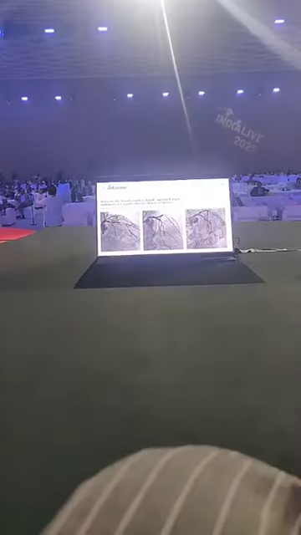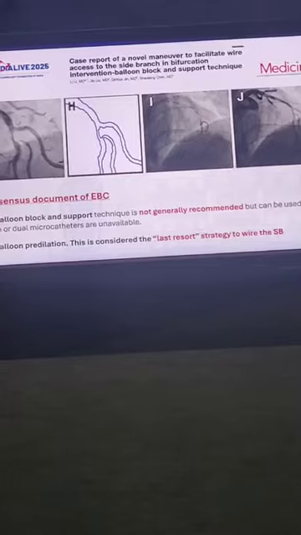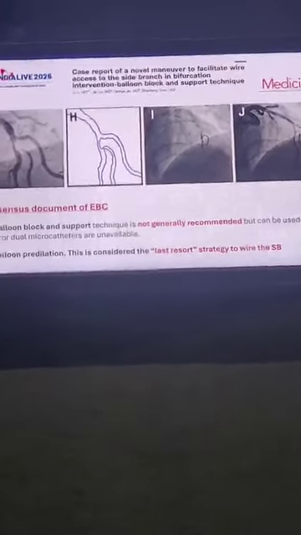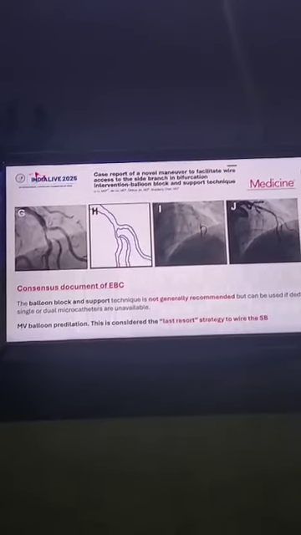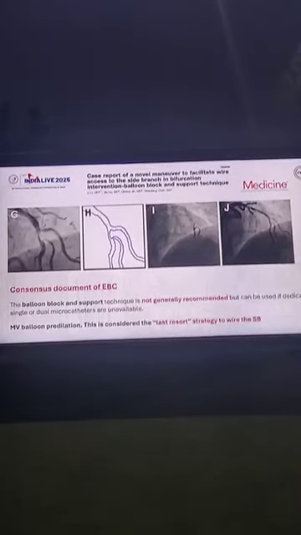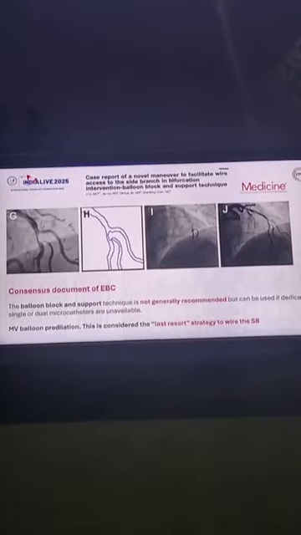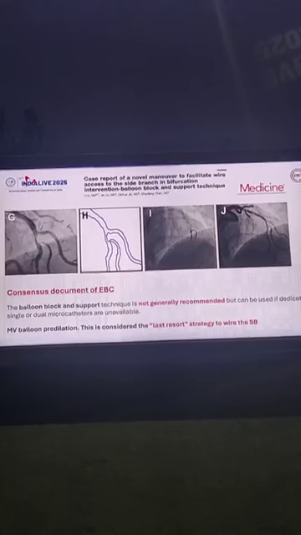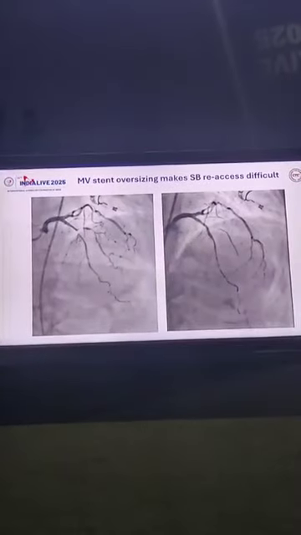Of course, then you can go more aggressive and use eventually one guide wire for chronic occlusion, while the consensus document of the EBC is not strongly in favor, is not generally recommending the balloon block and support technique, only if you don't have available in your lab a single dual microcatheter, as well as is not strongly supported the main vessel balloon pre-dilation, but this should be considered as the last resource.